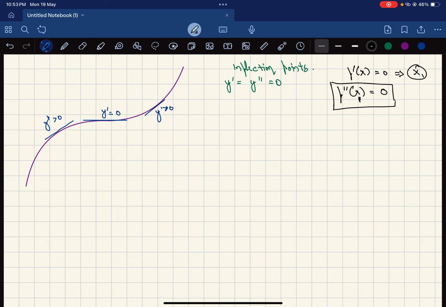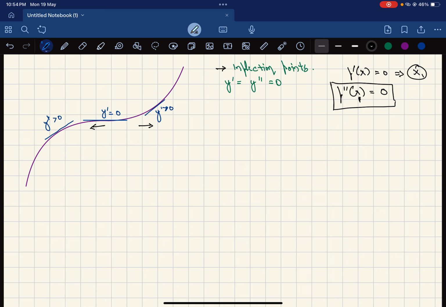Now what do we do? These are called inflection points. So what is happening here is, if you see the graph, the value of the slope is greater than 0 for values which are less than this point, and the value of the slope is greater than 0 for values greater than that point.